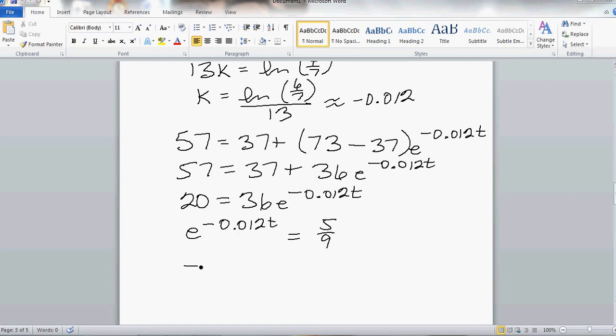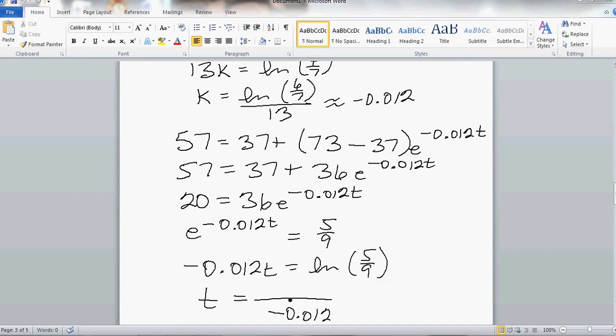Take the natural log of both sides, and then finally divide both sides by negative 0.012. And this equals approximately 50.